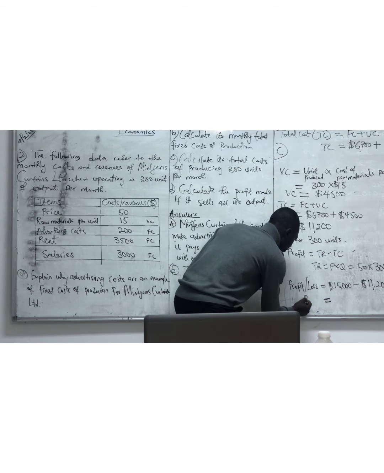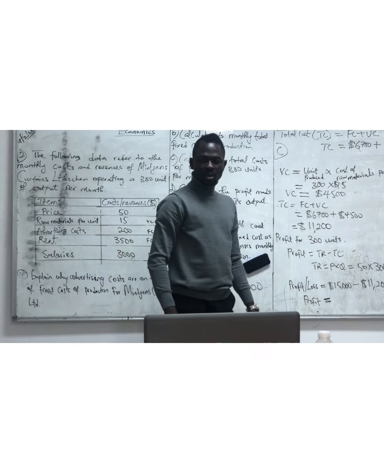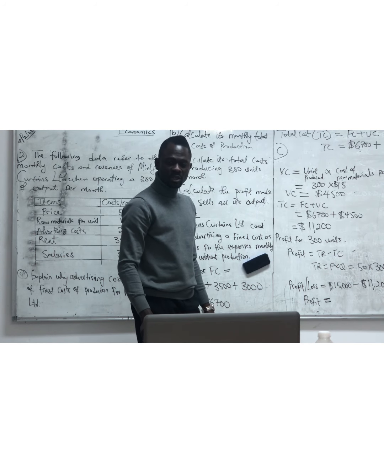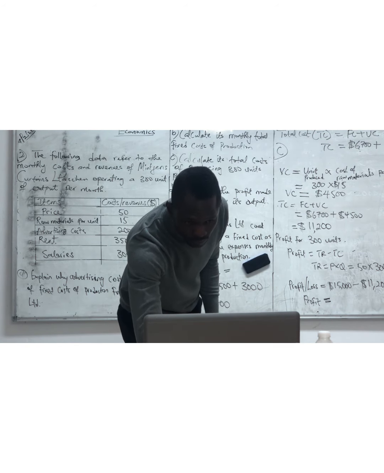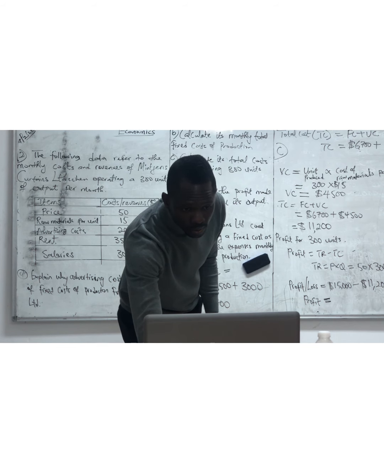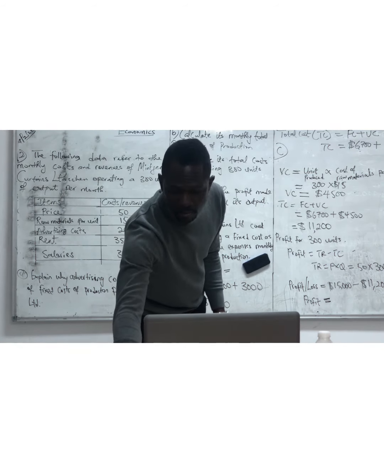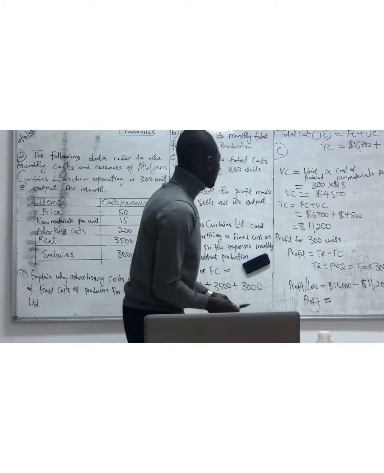So this is profit. 15,000 minus 11,200 is 3,800.